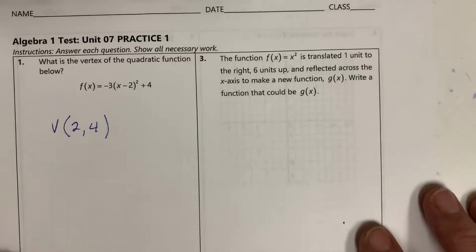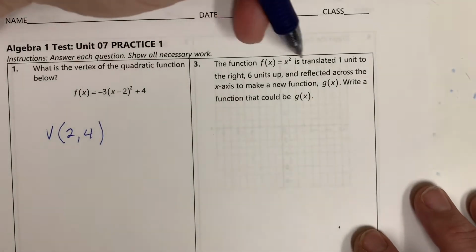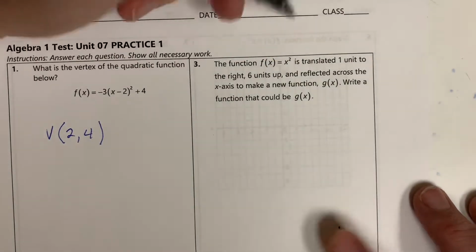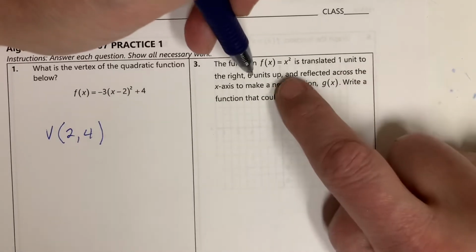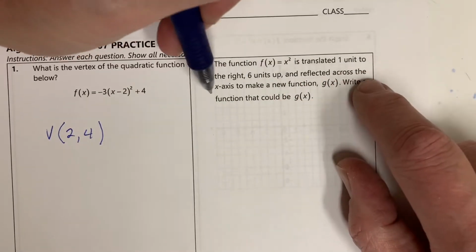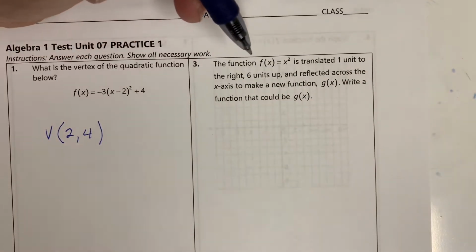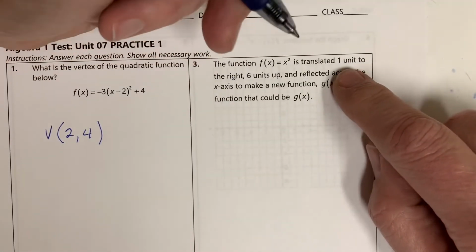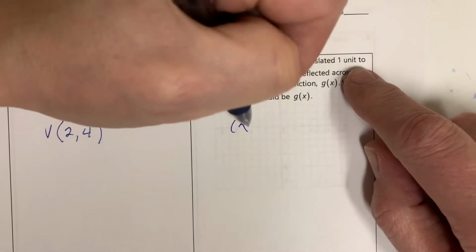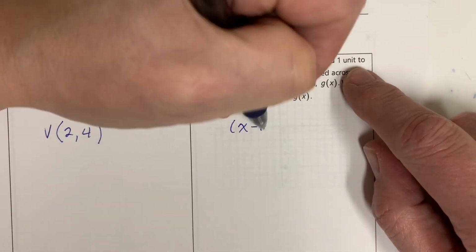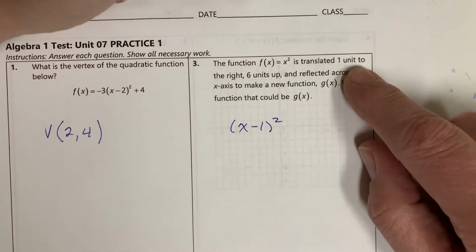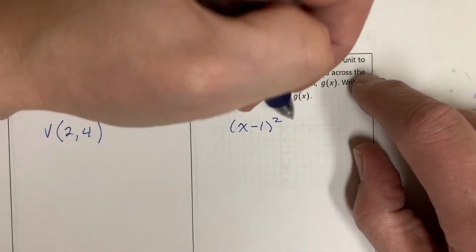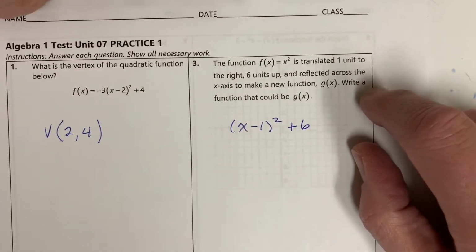All right, number 3, same thing. We're going to translate for g of x. We want it to go 1 unit to the right, 6 up, and then we want to reflect it across the x-axis. So I'm going to do this one in steps. The first thing I'm going to do is translate it 1 unit to the right. So that'll be x minus 1 squared. If I want to go 6 units up, I have to do a +6 to move it 6 units up.